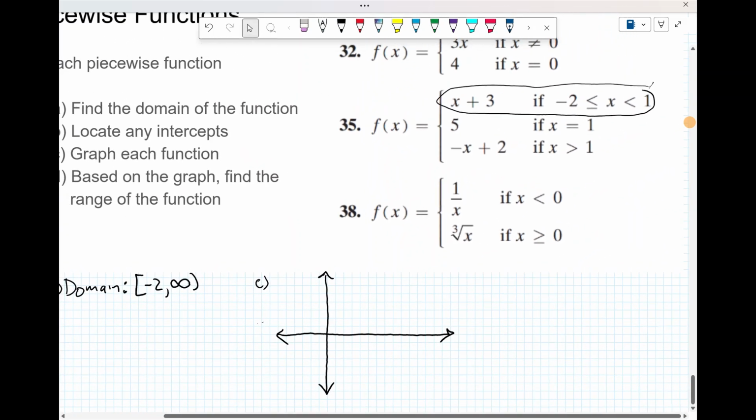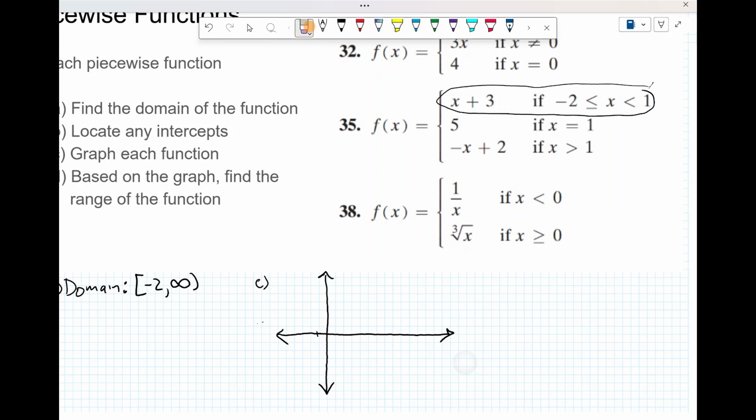So I'm going to plug in negative 2. Negative 2 plus 3 is positive 1. So I know this point is going to be on the line. And if I plug in 1, that would go all the way up to 4.